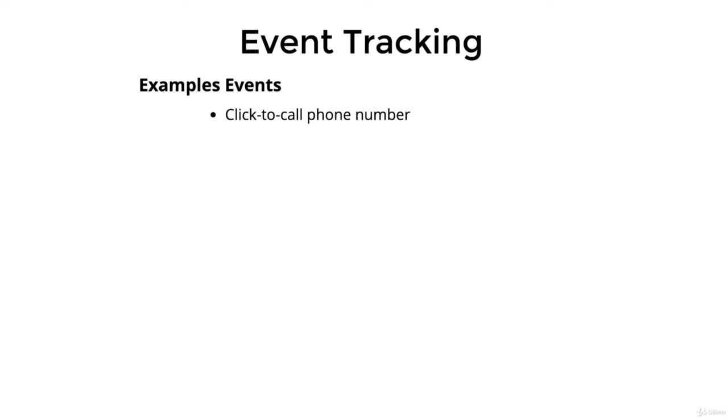And also, it's not like when they click on that link, they go to a thank you page that we could track like we normally do with goals in Google Analytics. So that's a very clear example for event tracking, and it's probably the most common use case, but there are plenty of other ones as well, such as clicking on an external link to a third-party live chat application.